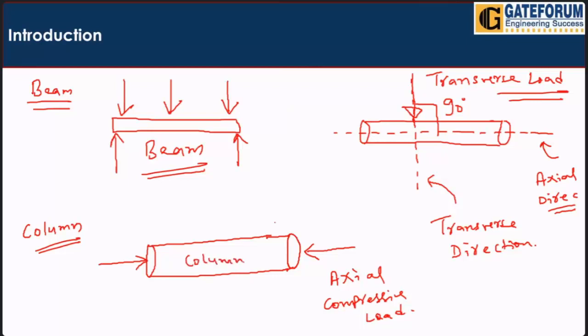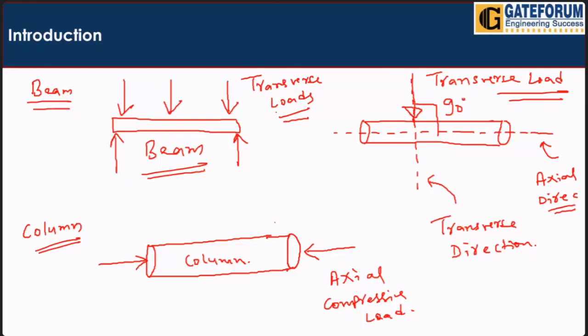Please remember, the same rod or the same bar or the same cylinder can be treated as beam also, can be treated as column also, depending on the type of loading. If here we have transverse loading or transverse loads, then that is known as beam.